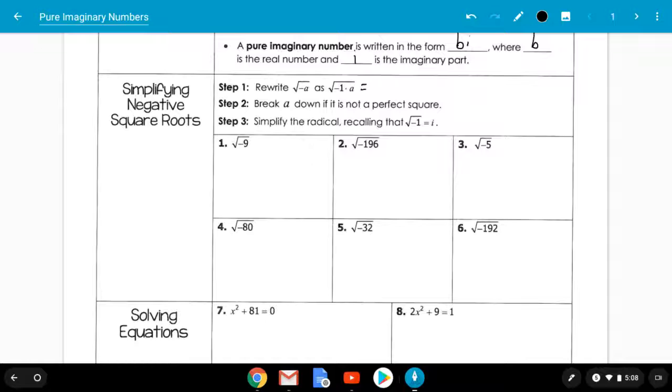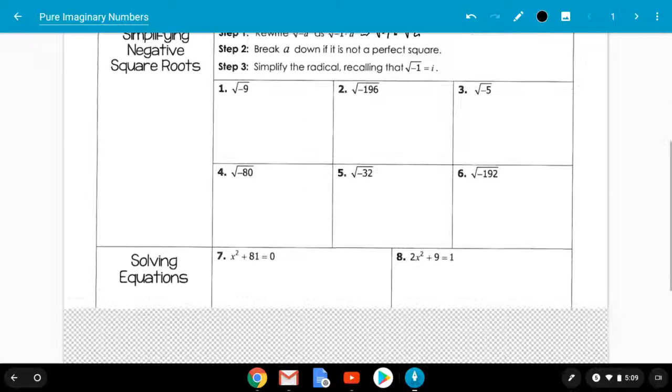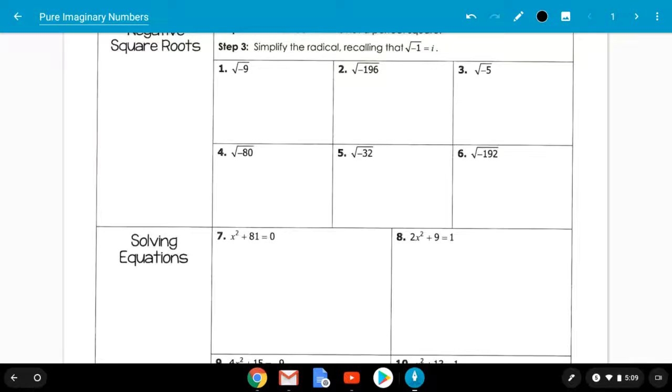So I can break it apart like this: square root of negative 1 times the square root of a. Step 2 then is to break down the square root of a, just like what we did last class, and then don't forget you factored out a square root of negative 1, so you have to put an i at the end.